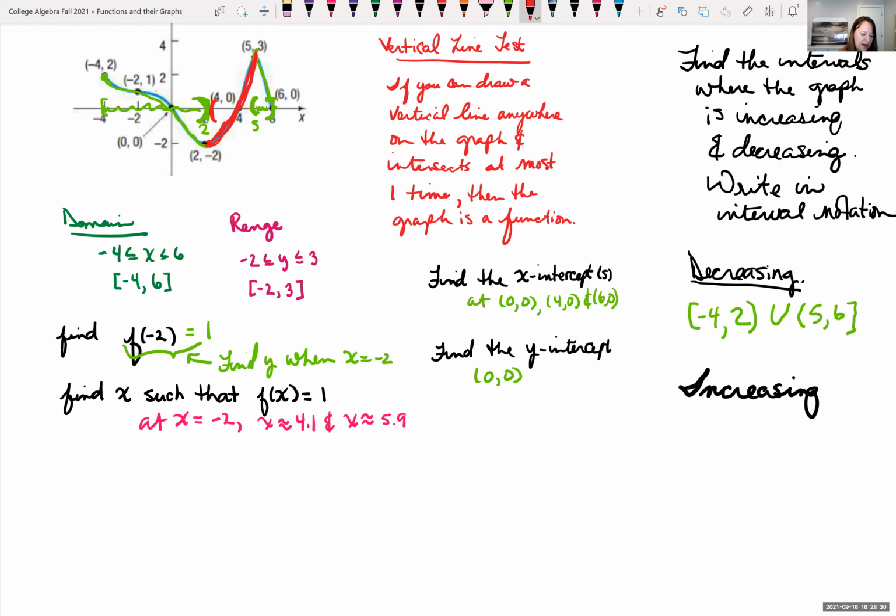It's starting when x is 2, parenthesis 2, and it's stopping at the x value of 5. Notice if you didn't know we're talking about interval notation and you saw parenthesis 2, comma 5, parenthesis, you might think that's a point, but it's not. Those are all the x values in between 2 and 5.